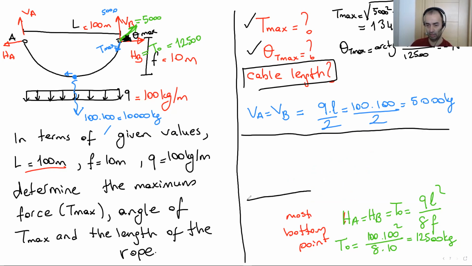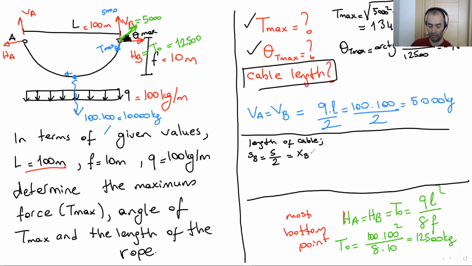Line of cable. Here, it is like SB. Remember, half of the total S. Total S is the cable length. XB.